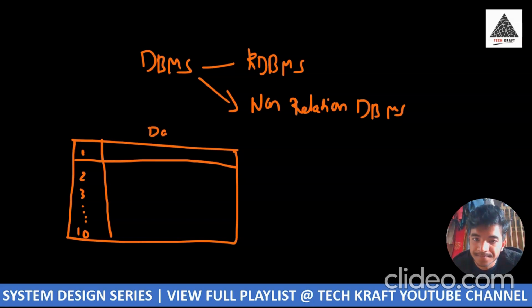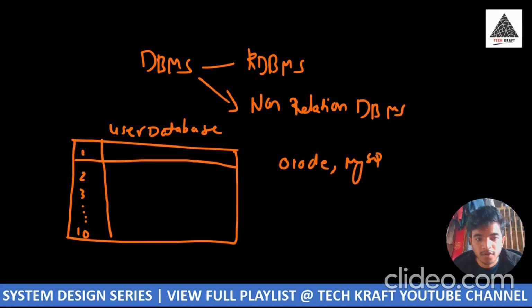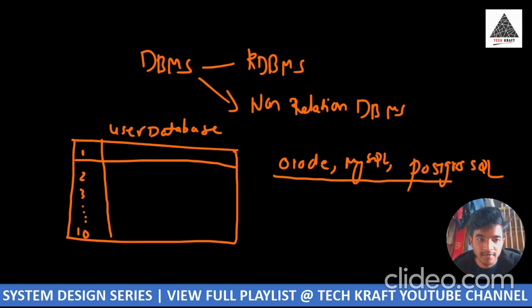This is a user database. So using an RDBMS software like Oracle, or MySQL, or PostgreSQL, these three I have written here are called DBMS software, database management system software.